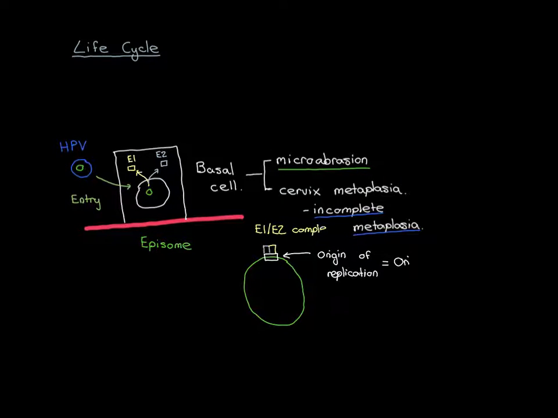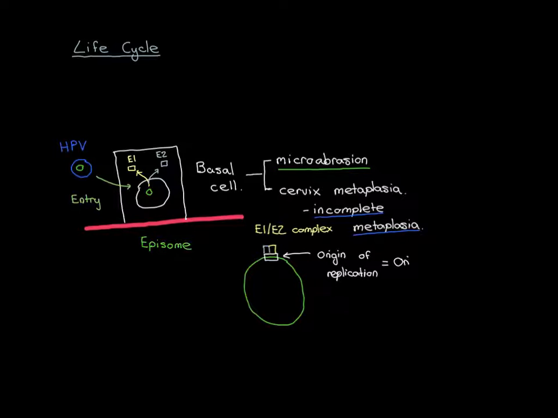Okay, so for the viral genome to be copied, you need E1 and E2 complexes to bind on to the origin of replication, and then they can recruit the DNA polymerase machinery of the host cell onto that origin of replication, and then replication can begin. So these proteins are going to go back into the nucleus, they're going to bind onto the origin of replication, and now we're ready to actually replicate the genome of our virus.